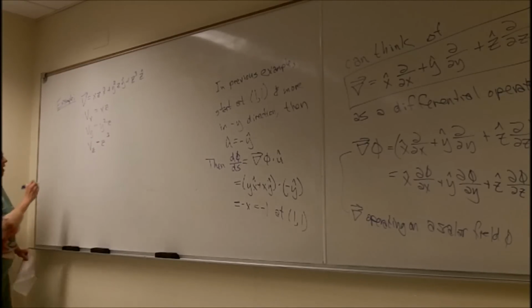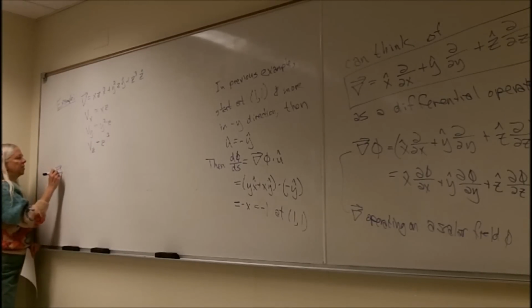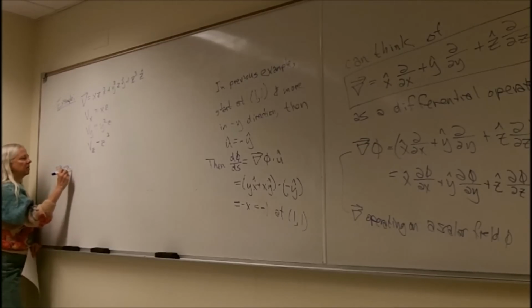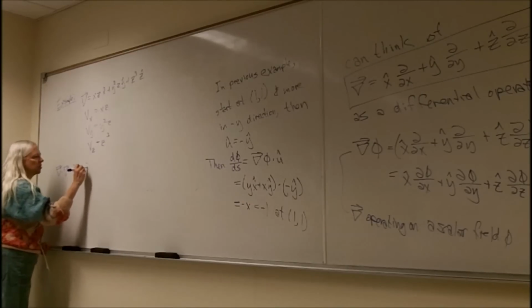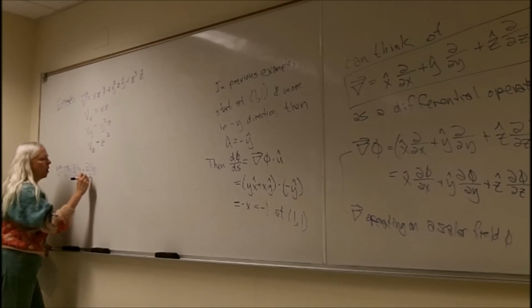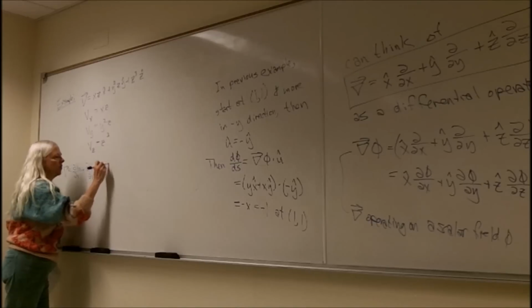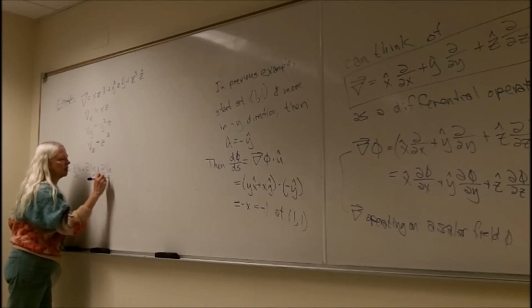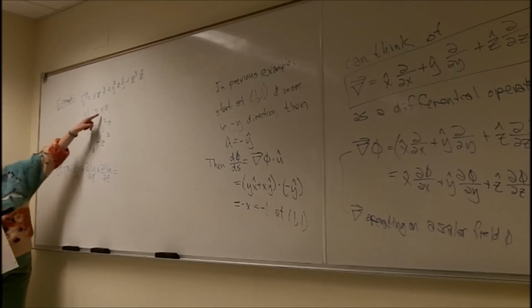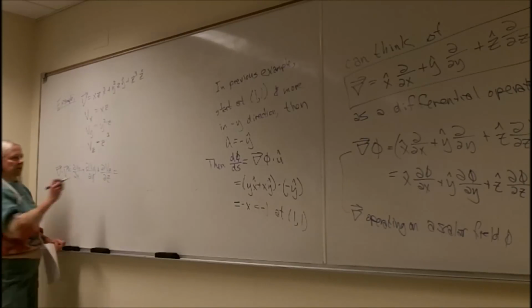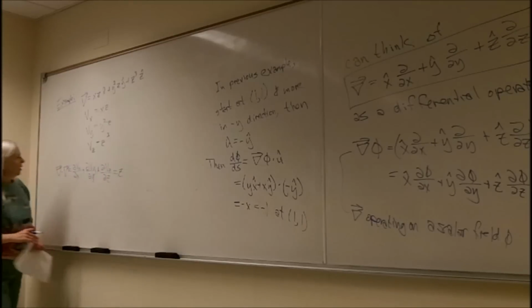Okay, so let's find the divergence and the curl. The divergence of v, in other words, the derivative of vx with respect to x plus the derivative of vy with respect to y plus the derivative of vz with respect to z. Well, vx, derivative of that with respect to x gives me z.